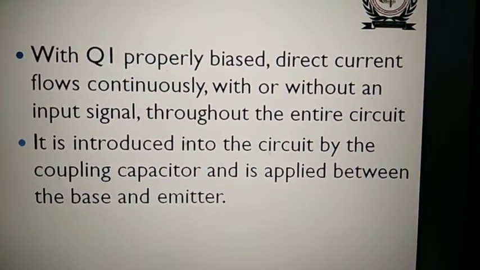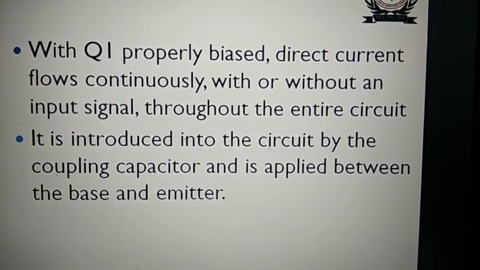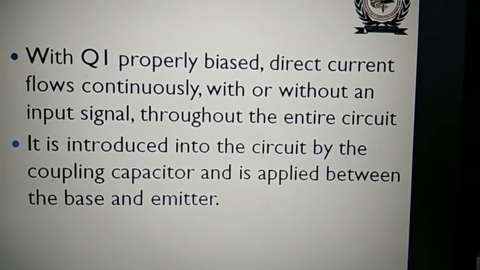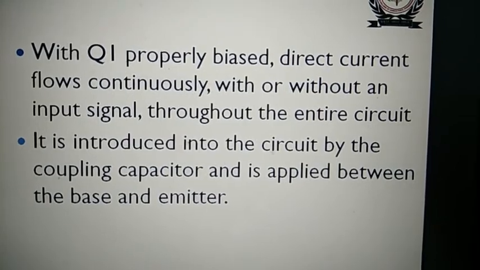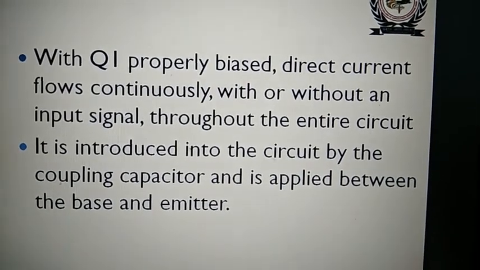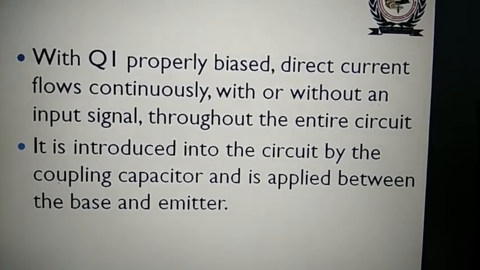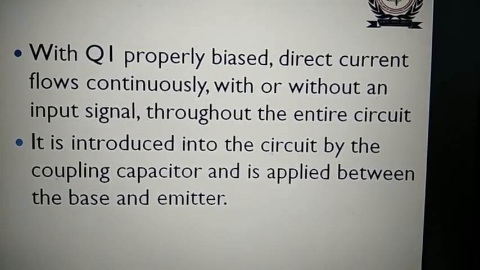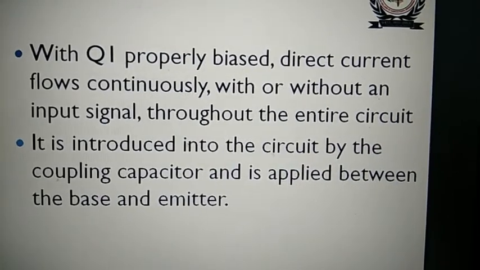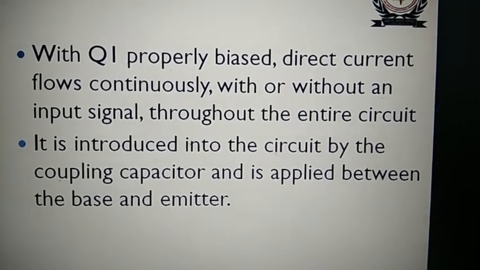With Q1, the transistor 1 here, properly biased, direct current flows continuously, with or without an input signal, throughout the entire circuit. The signal is introduced to the circuit by the coupling capacitor and is applied between the base and emitter.